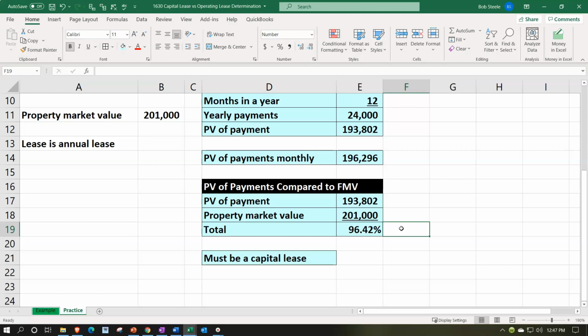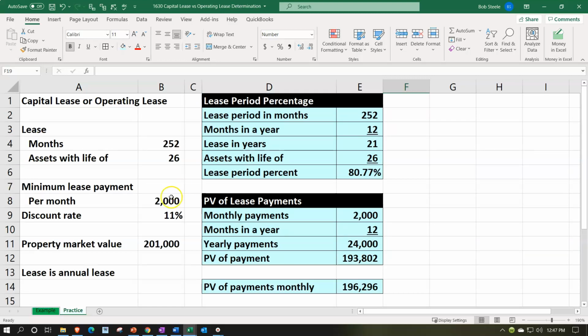What does that mean? You'd have to put it on the books as an asset and then record the related liabilities for the lease payment obligations, in a similar way to a purchase situation, instead of just writing off the $2,000 on a monthly basis as monthly expenses.